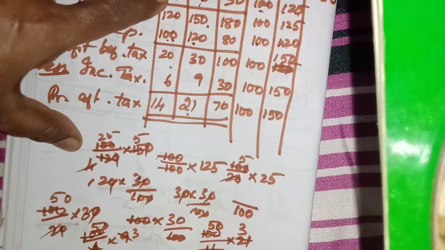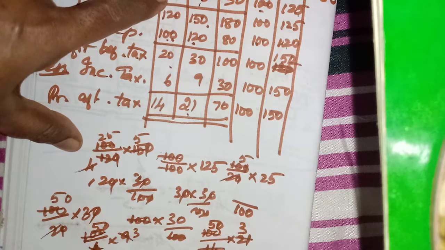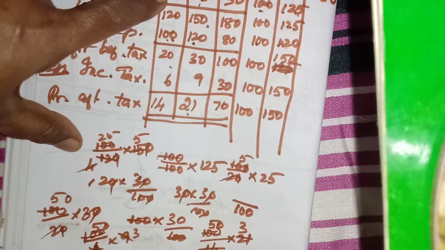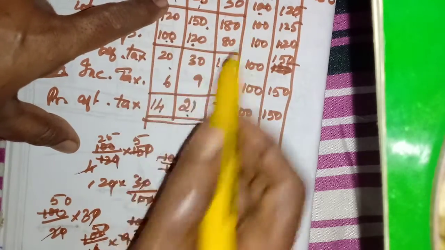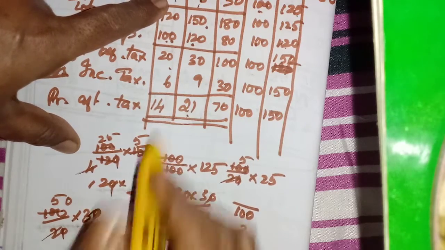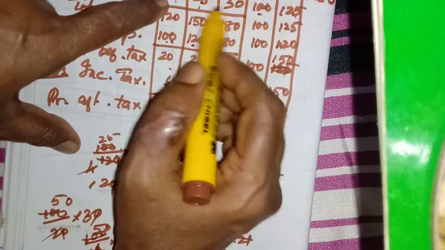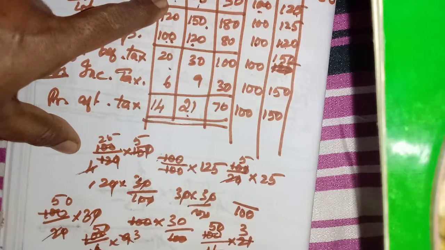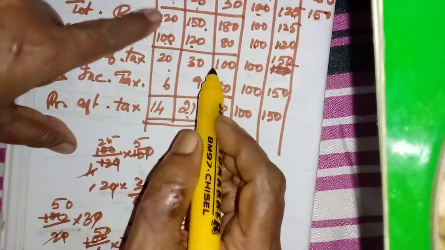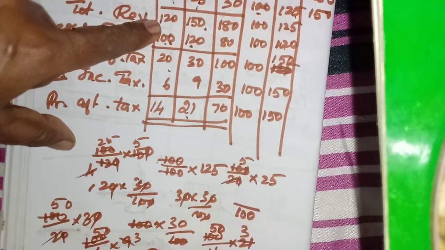For 20, how much? 100. You are taking 20 as 100, isn't it? Then for 30, 150. Then for 120, 100.